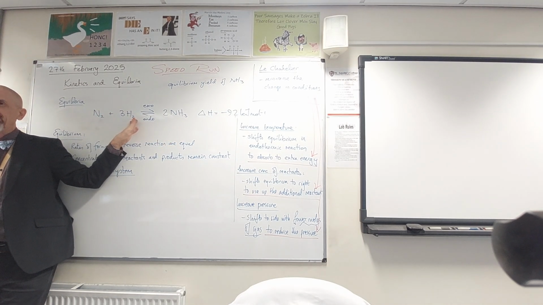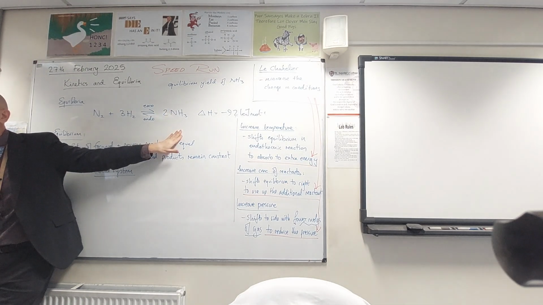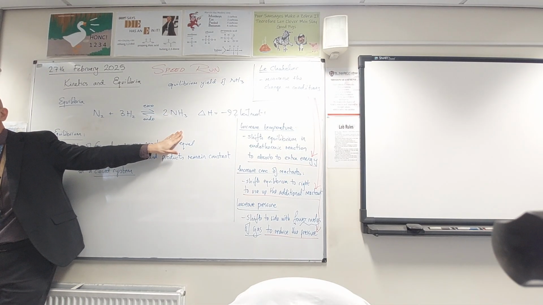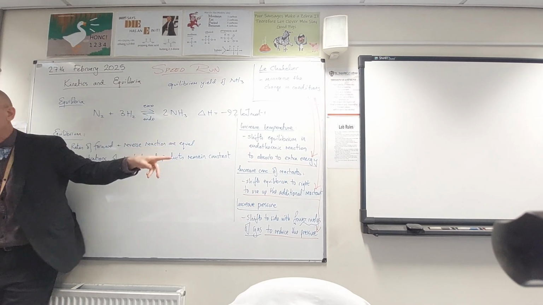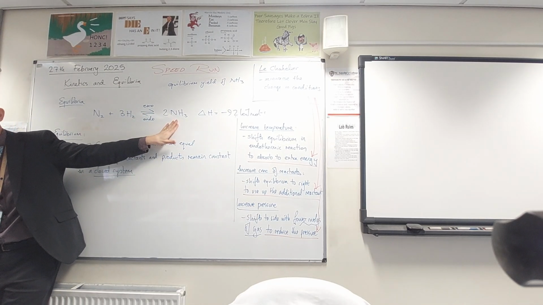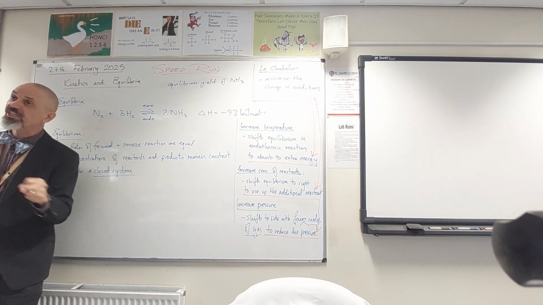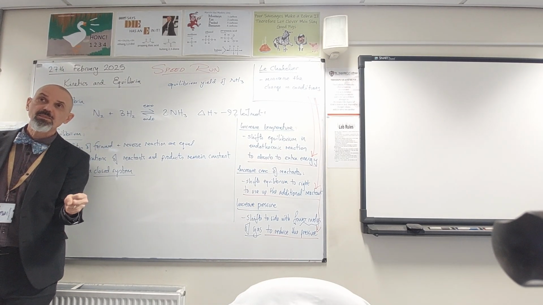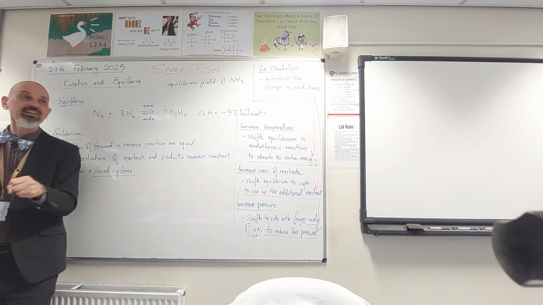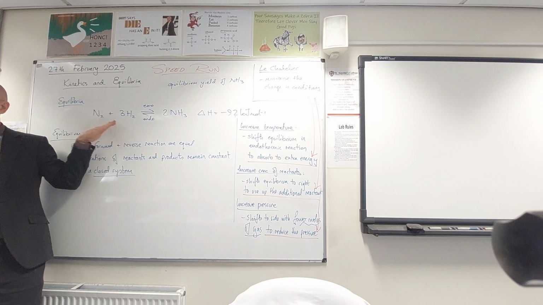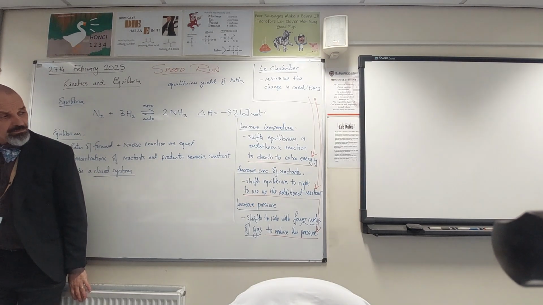N2 and H2 only have van der Waals forces, but NH3 with its much stronger hydrogen bonding has a higher boiling point. So if you cool down the mixture of gases, the ammonia will liquefy first. You can then remove that easily and leave you with nitrogen and hydrogen. What happens to the leftover nitrogen and hydrogen? Recycle it back. So that increases the concentration of nitrogen and hydrogen going on.